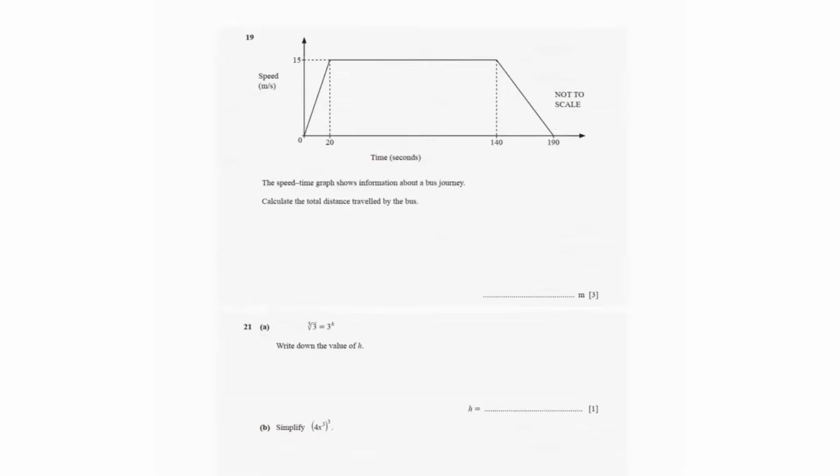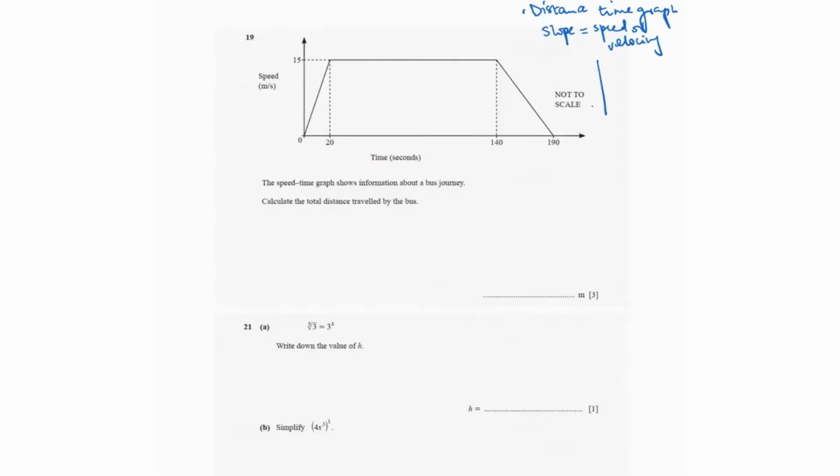In a distance time graph, your slope is your speed. So let's write that over here. Distance time graph. Slope equals your speed or velocity, whatever the question is talking about. If it's talking about displacement, it would be velocity. If it's talking about distance, it's going to be speed.